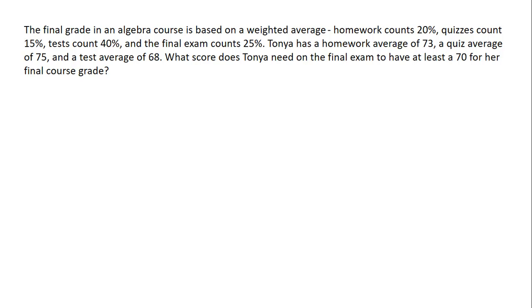The unknown in this problem is the score on the final exam. We let x represent the final exam grade. We want to solve the inequality: final course grade is at least a 70, or final grade is greater than or equal to 70.